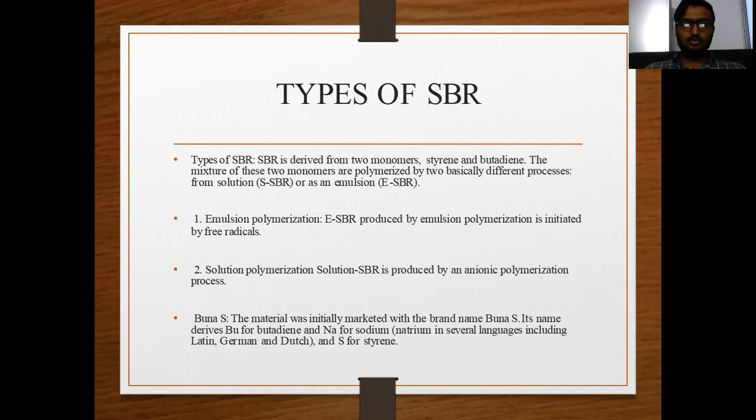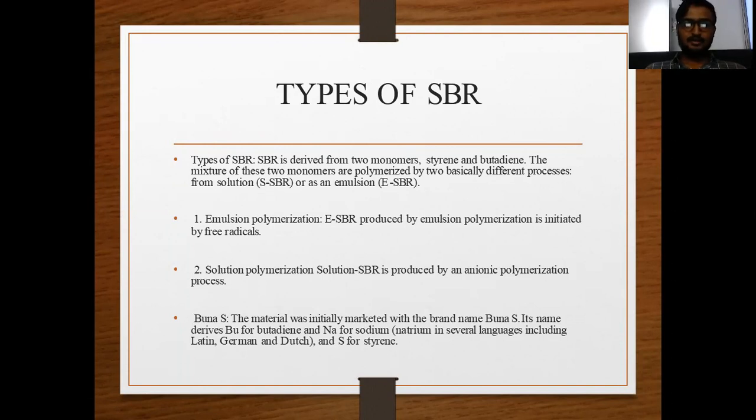The mixture of these two monomers is polymerized by two basically different processes: solution SBR, or SSBR, and emulsion SBR, or ESBR. ESBR is produced by emulsion polymerization, initiated by free radicals. SSBR is produced by solution polymerization, an anionic polymerization process.